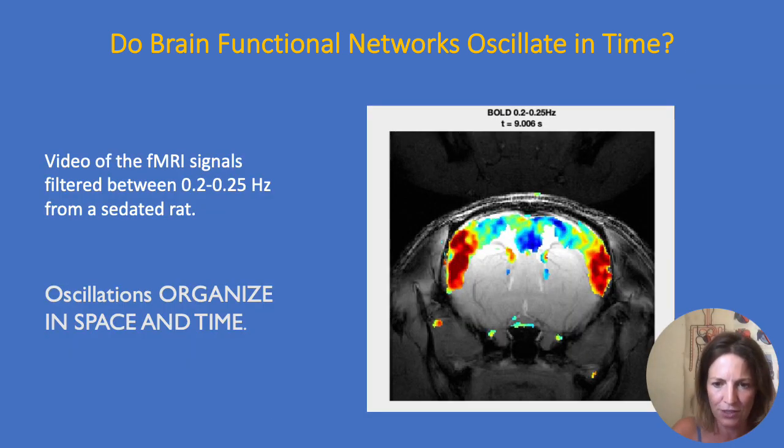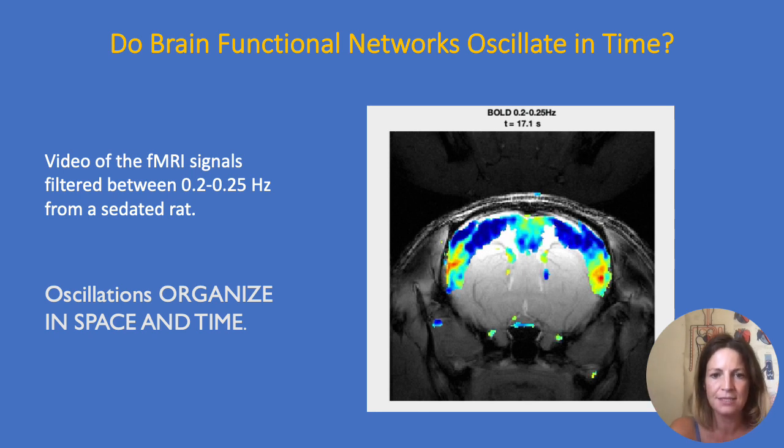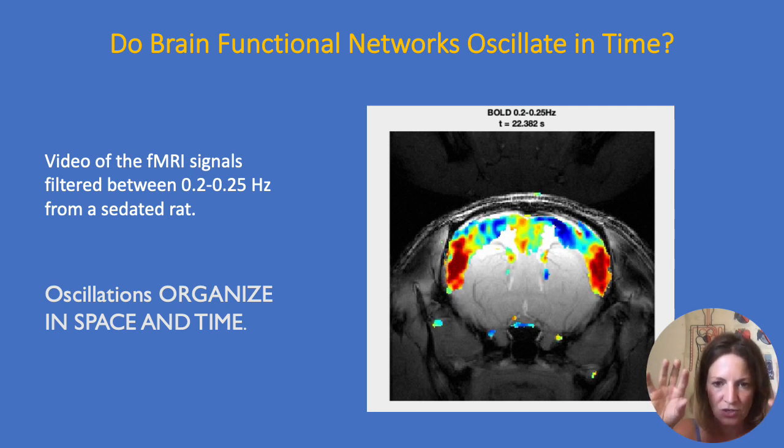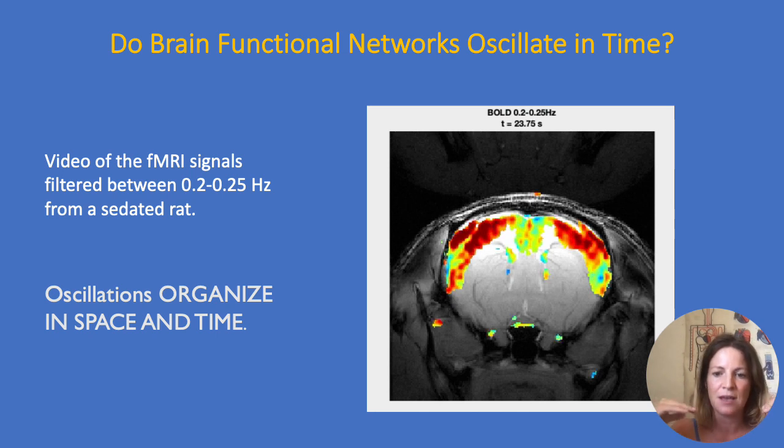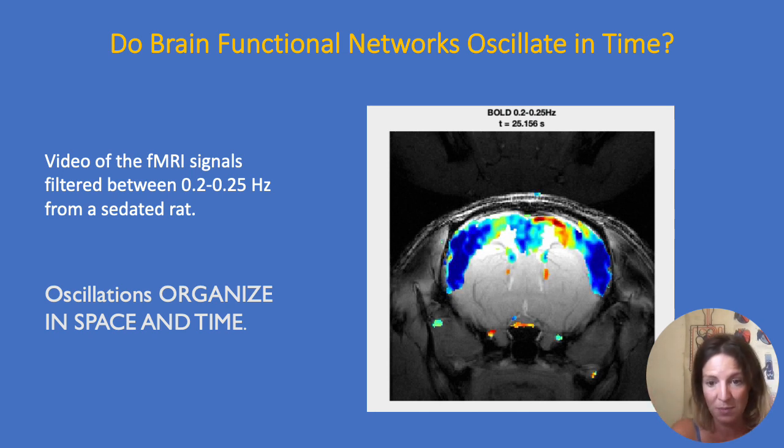If we filter the signals between 0.2 and 0.25 hertz, we see signals that exhibit sustained periodicity. For instance, if you focus on the lateral sides, you see that consistently it turns blue, which means there's a negative signal, then it turns red, meaning it's positive with respect to the mean signal.